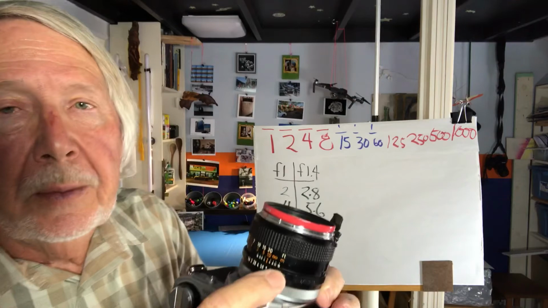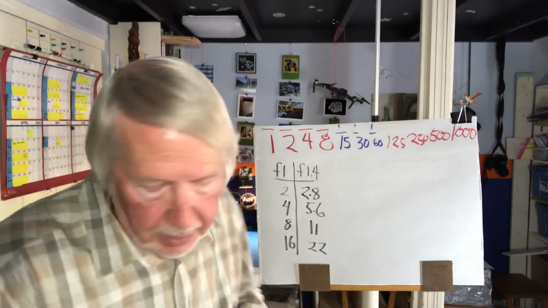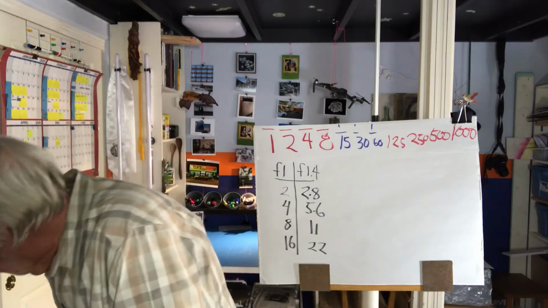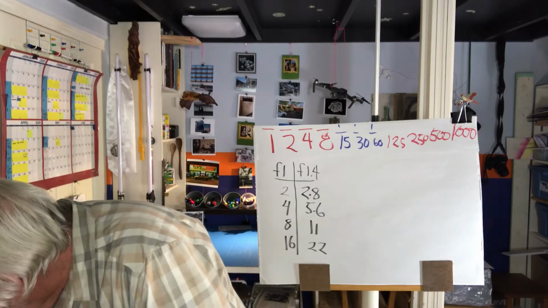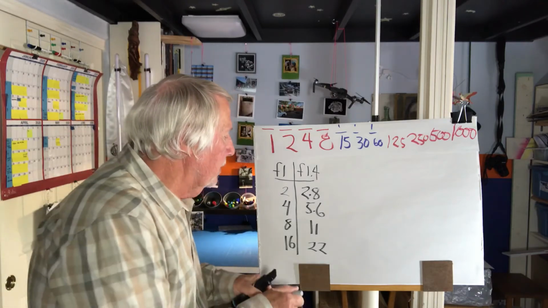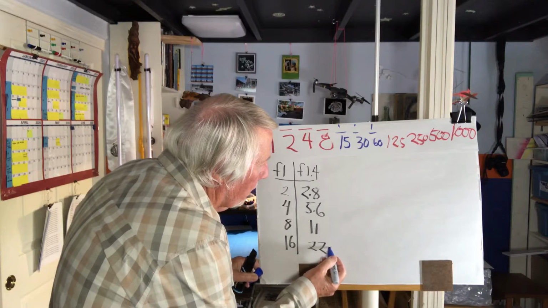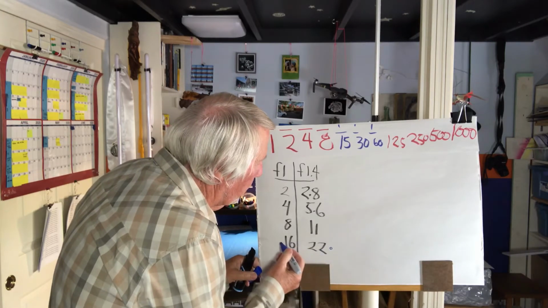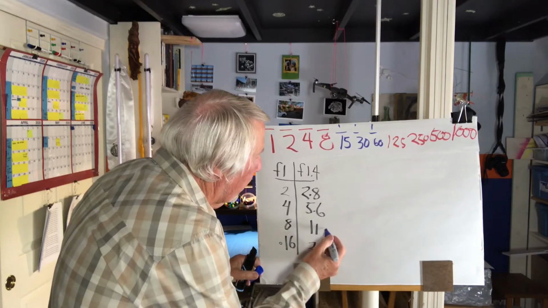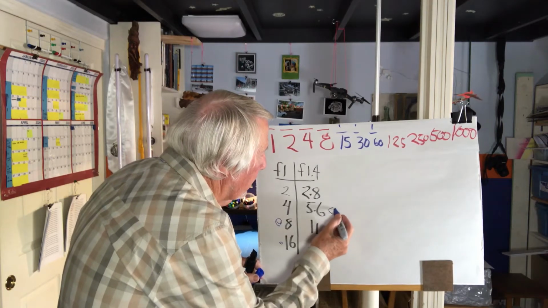That's printed right here on the lens barrel. Okay? So it holds true. Now remember that the bigger the f-number, the smaller the circular lens opening, and then it gradually gets bigger as it goes up.